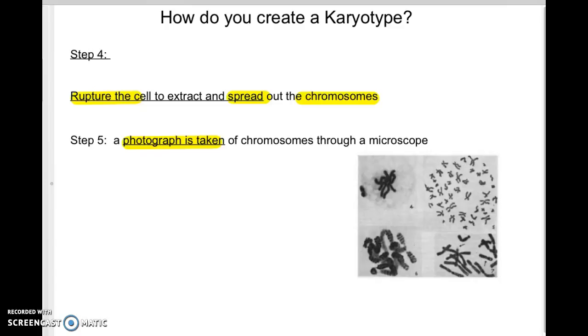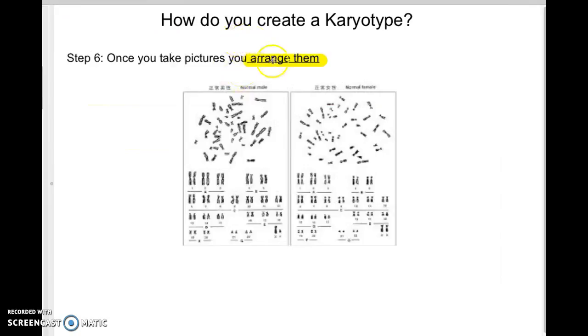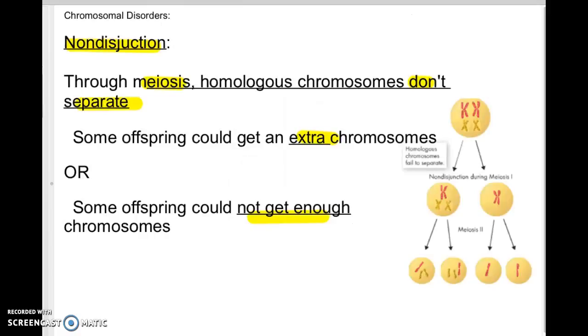You take a photograph, and then you can arrange the photograph based on those criteria we talked about earlier: the size, where the centromere is located, and the banding patterns. And then once you've arranged them, scientists will put together the karyotype photograph shown here, and then they're able to analyze and determine whether there are any conditions or anything that they want to be aware of.